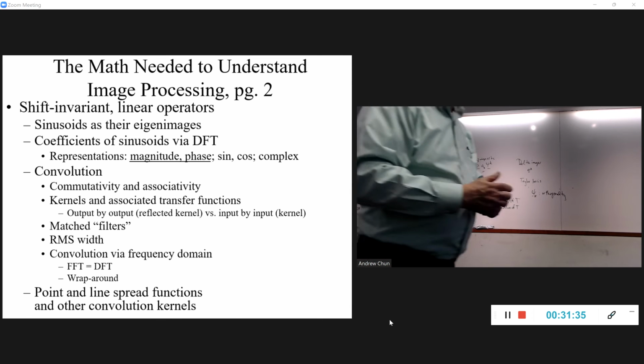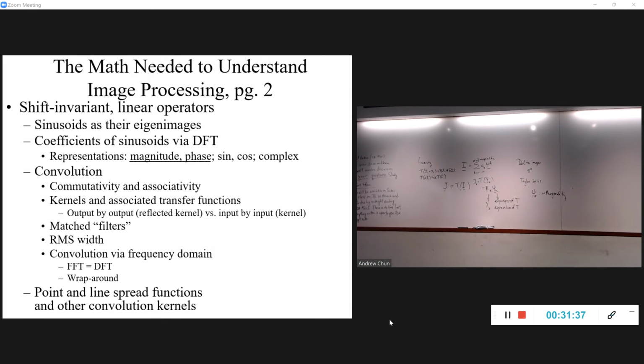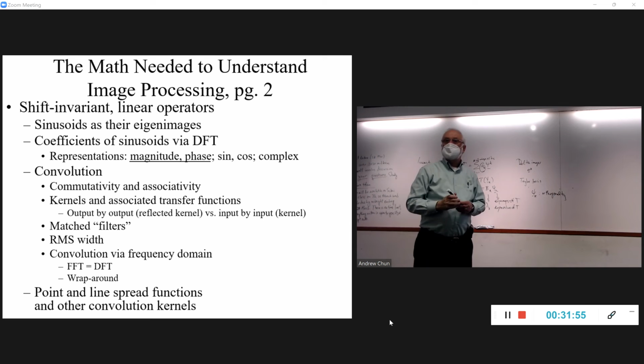Right? And we saw 3 different ways of understanding the coefficients here, these AKs, when the psi k's were the sinusoids. Okay?